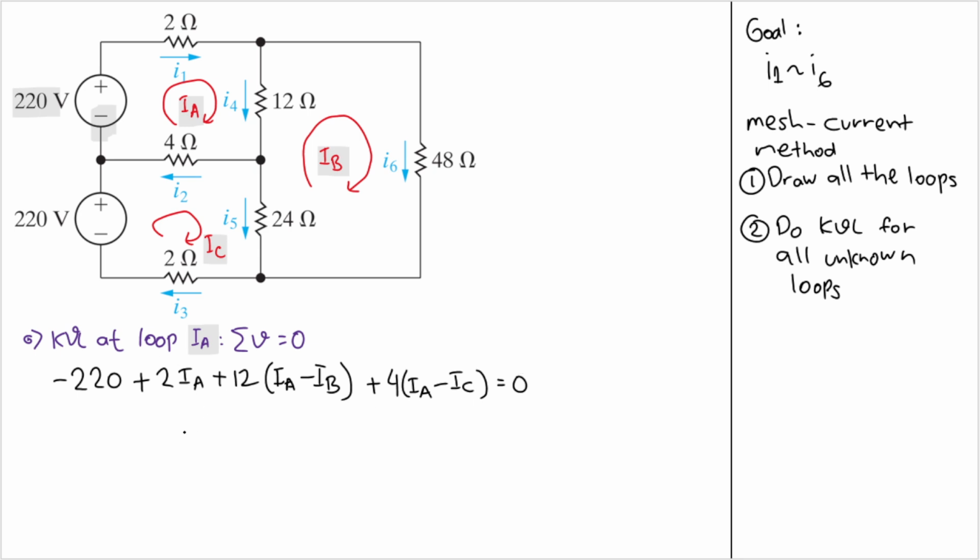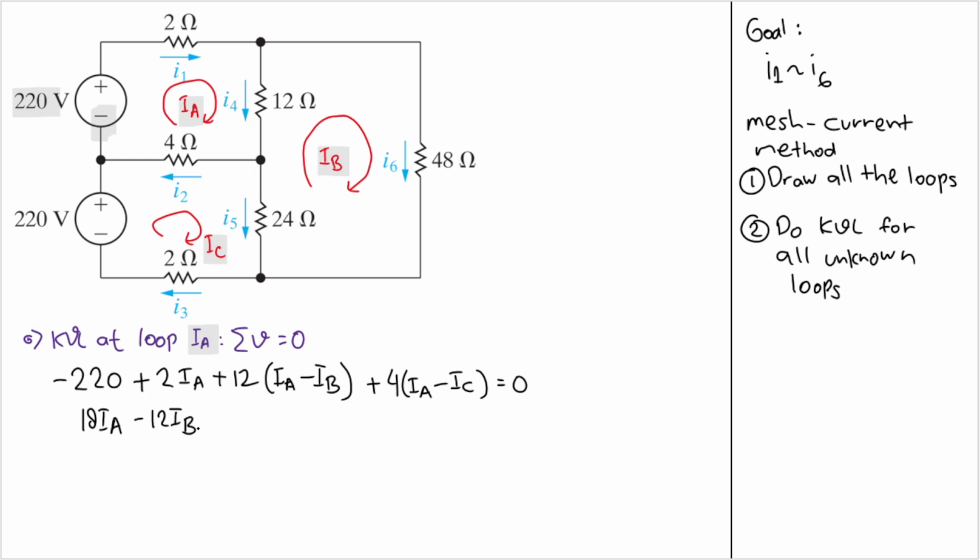Good. Now let's do some math here. IA comes from 3 terms, 2 plus 12 plus 4. I will have 16 plus 2, that will be 18, right? 18 IA. And then minus IB. IB only comes from this place, so we will have minus 12 IB.